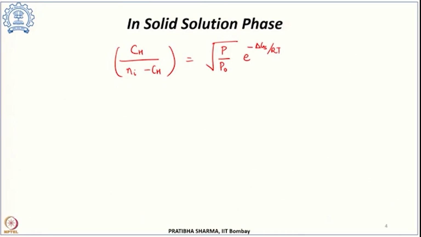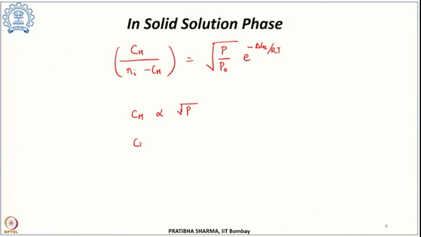This expression shows that in the low concentration region, the concentration is proportional to the square root of P, and that is Sievert's law. Sievert's law states that the amount of hydrogen dissolved into the metal phase is proportional to the square root of the applied pressure.